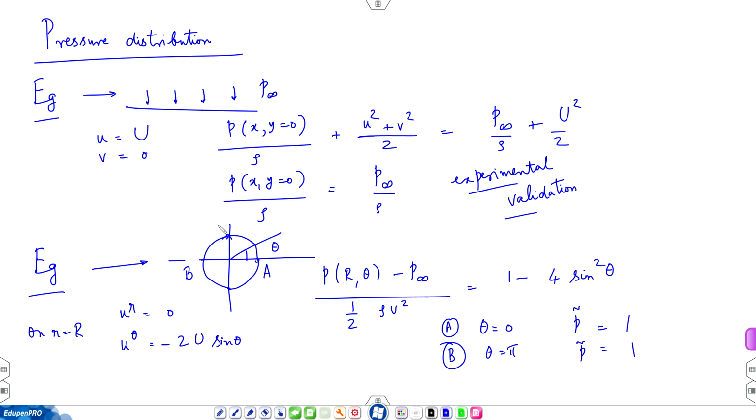If you consider some point C, which is theta equal to pi over 2, P tilde is equal to minus 3.